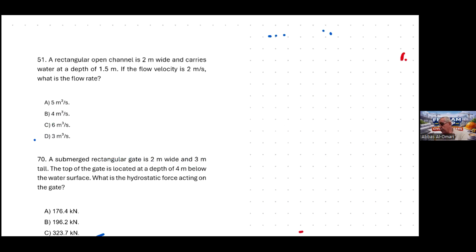So we have, this is the water surface. We have a water surface, and we have a submerged gate like this.